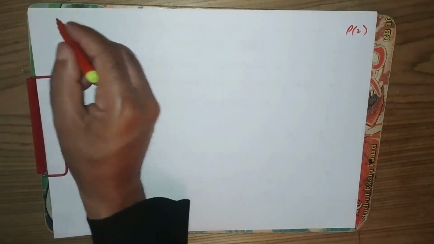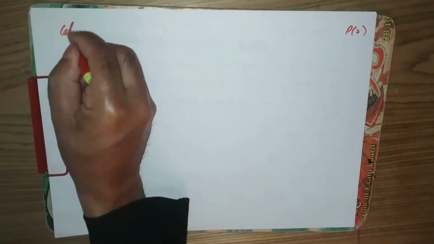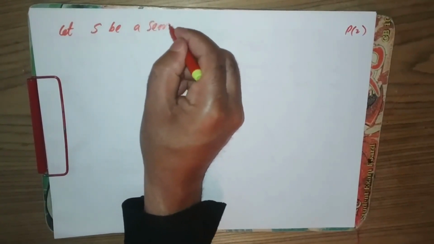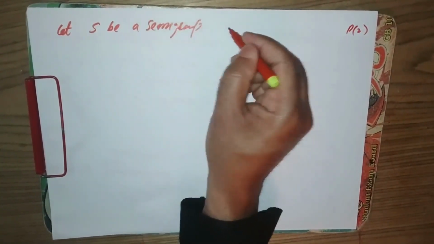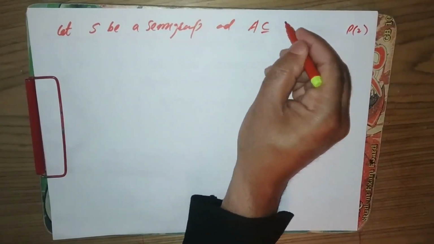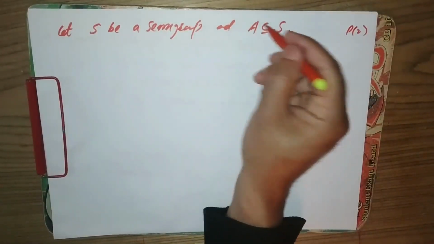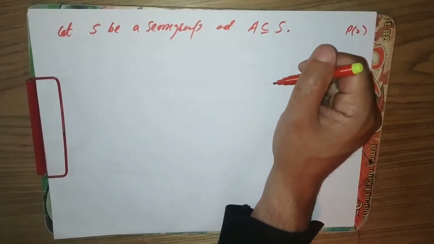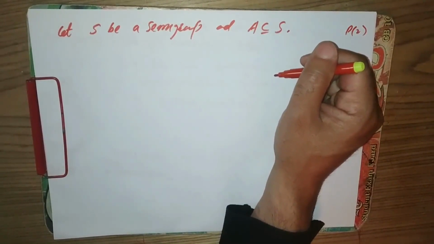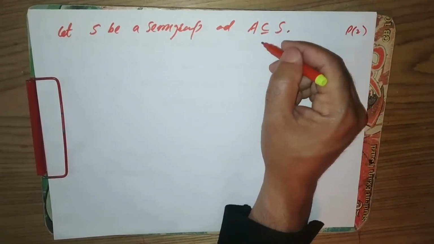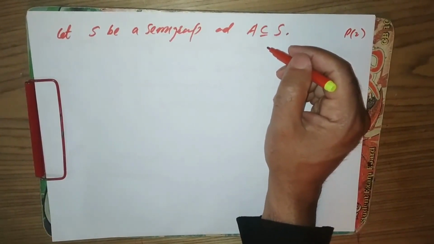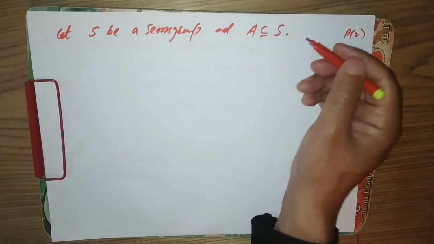Let S be a semigroup and A be a non-empty subset of S. Then we take the class of all sub-semigroups of S containing A.